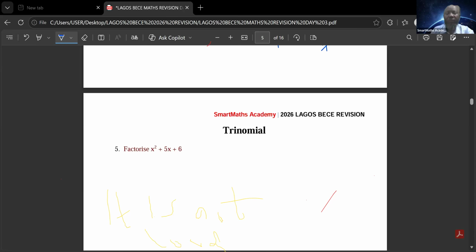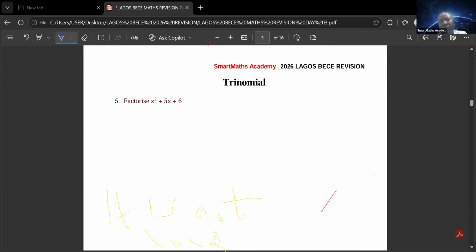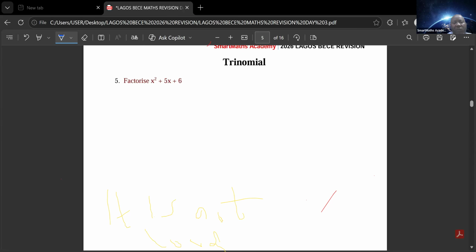When you have factorization of a trinomial like x squared plus 5x plus 6, the same process that I explained the other time applies. The term with the power of 2 and the constant term we multiply together.